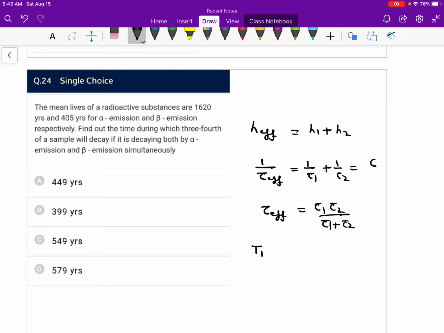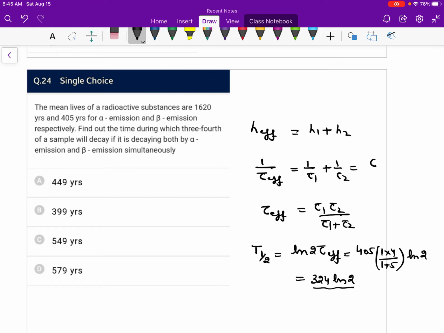So half life is ln2 into tau effective, that is 405 is common, 1 into 4 upon 1 plus 4, into ln2, so this is 324 into ln2.